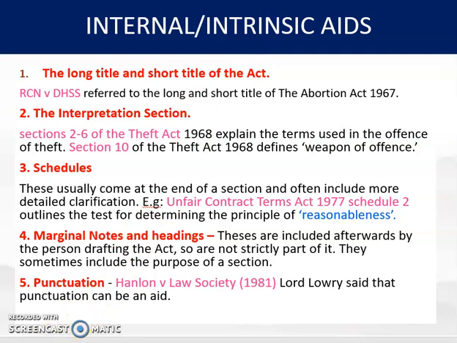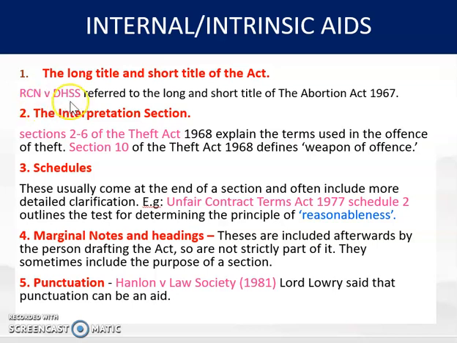So I've given you some examples here in red of internal or intrinsic aids. The first one is the long title and the short title of the act. This might seem obvious, but if you think about a book, sometimes the name of the book gives you an indication as to what it's about. It's exactly the same with Acts of Parliament.